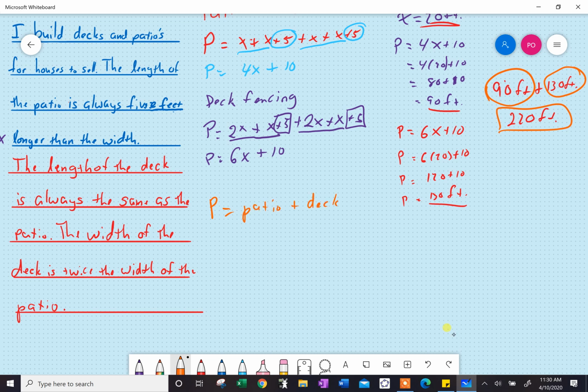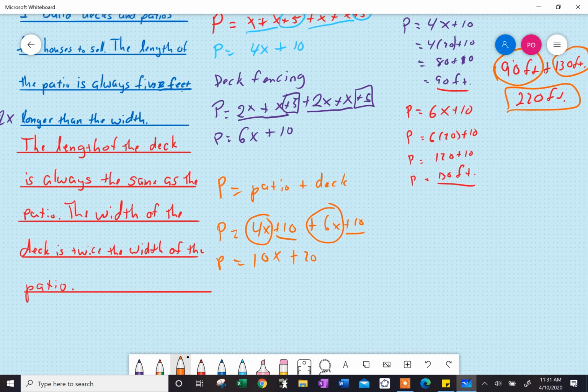And what's kind of interesting about that is it's going to be 4x plus 10 plus 6x plus 10, which means my perimeter for the entire project is going to be 4x plus 6x, which is 10x plus 20.